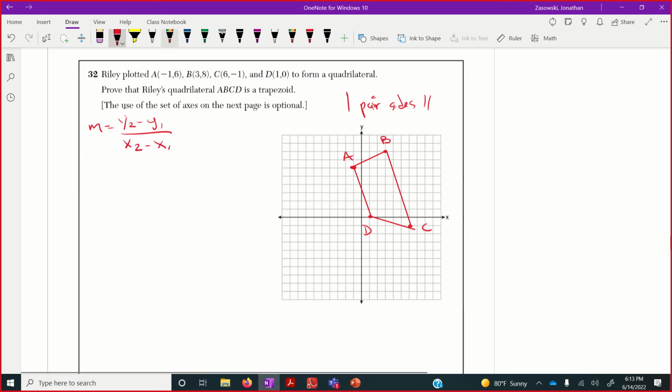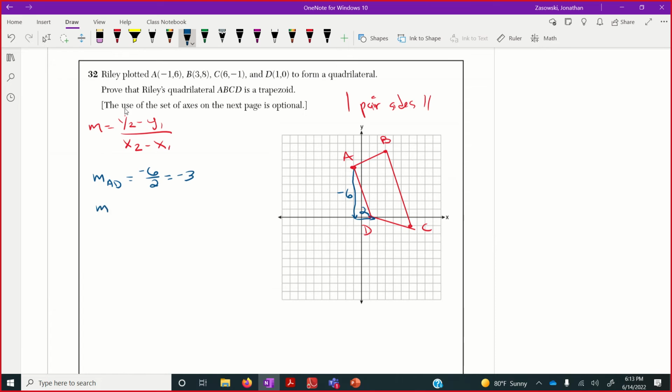So if you're counting from A to D, we're going down and then right. So it's +2 to the right, that's the run, and then 2, 4, down 6. So we could say the slope of AD is -6 over 2, which is -3.